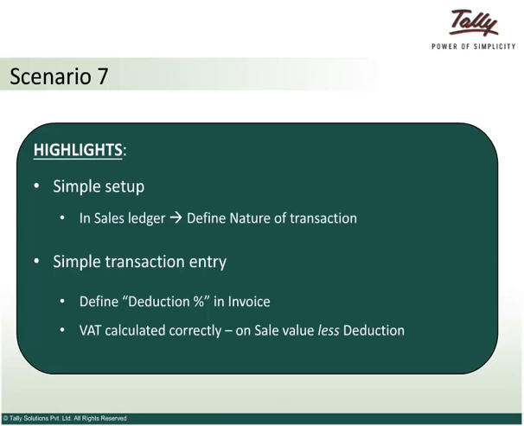As we've seen in the demo, it was simple to set up the nature of transaction as works contract. And then enter the sales invoice normally, with just one addition, that is, entering the deduction percentage. And the VAT was calculated correctly on the sale value less deduction.